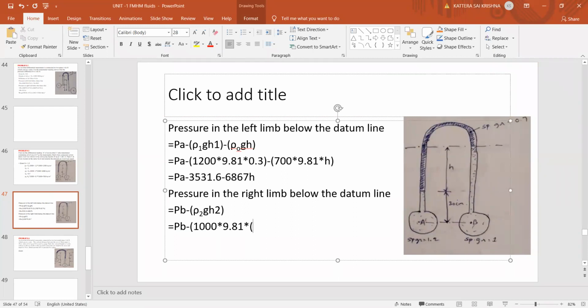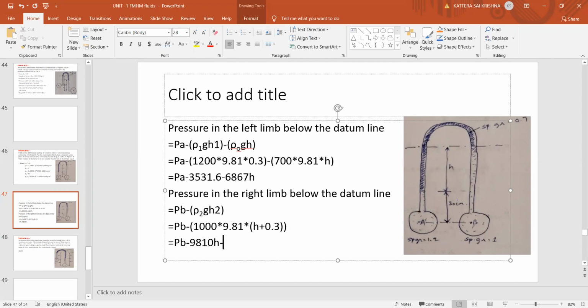So I am keeping one more bracket, that is H plus 0.3. Is it okay? Understood or not, what I'm doing? Yes. So now we get the terms: PB minus 1000 into 9.81, that is 9810, into H is one term, minus 9810 into 0.3.